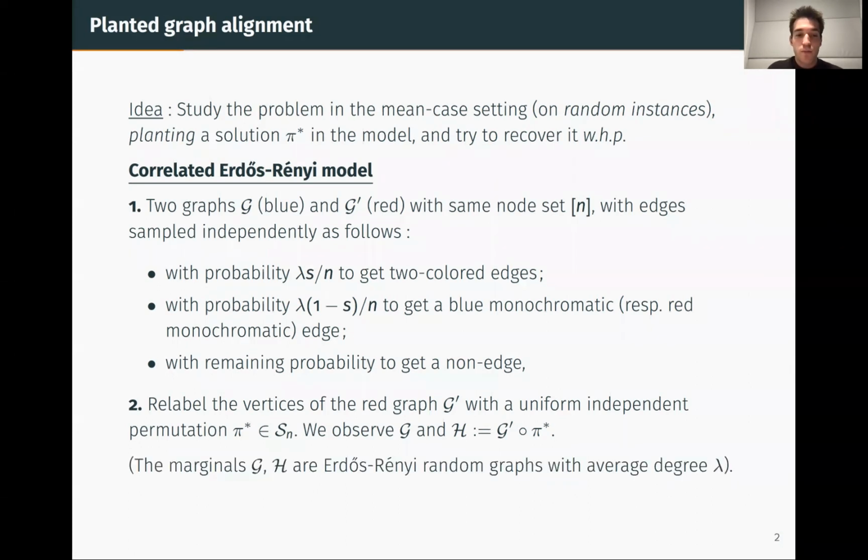All right, so if you look closely, it is easy to see that the marginals of G and H are simply Erdős-Rényi random graphs with average degree lambda. So the parameters of these models are n, the number of nodes, lambda, the mean degree of the graphs, and s, which is the correlation parameter, as you can see.